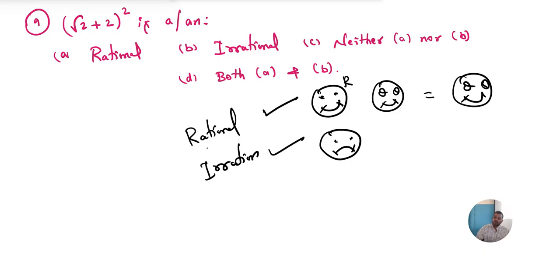Whenever you add or subtract two rational numbers, we get rational only.